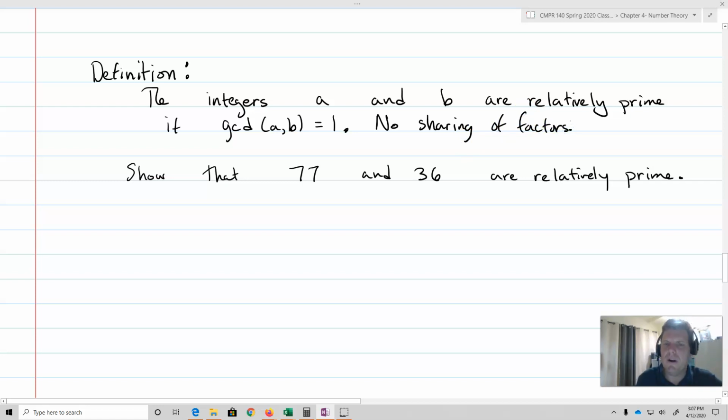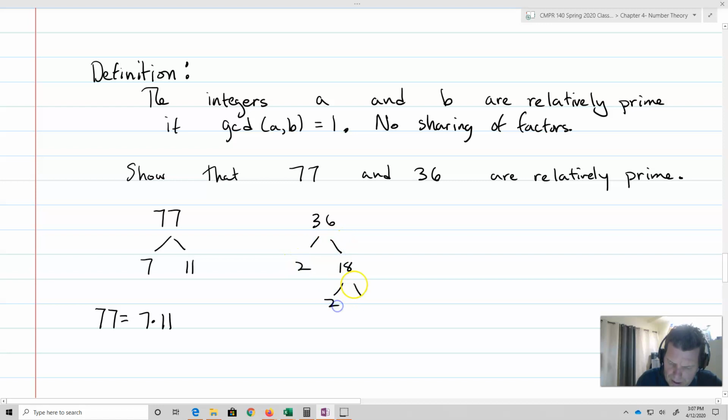So let's say we want to show that 77 and 36 are relatively prime. Well, 77, if I construct a factor tree, is going to be 7 times 11. Okay, so 77 equals 7 times 11. And 36 is going to end up being 2 and 18, 2 and 9, and then 3 and 3. So 36 equals 2 squared times 3 squared.